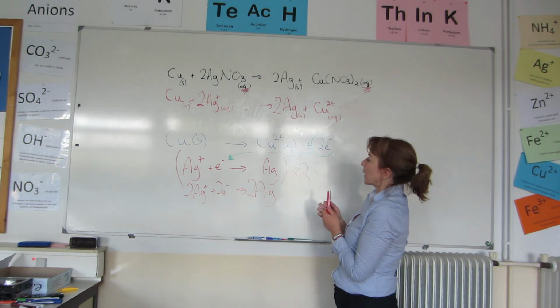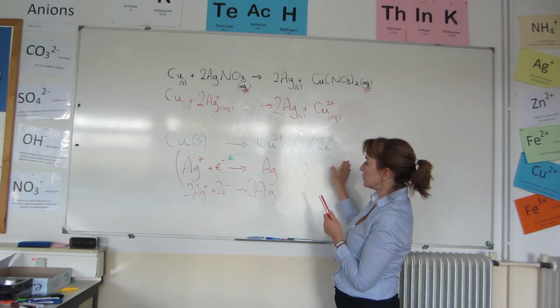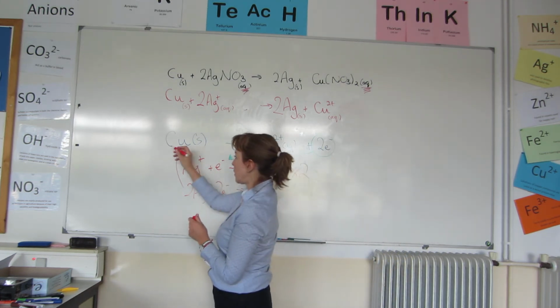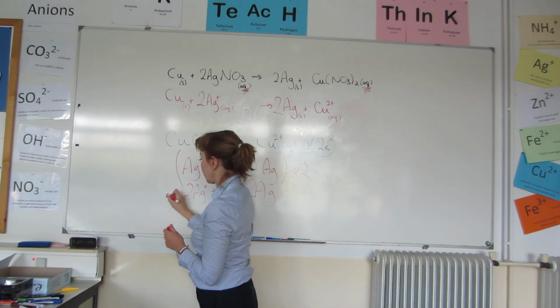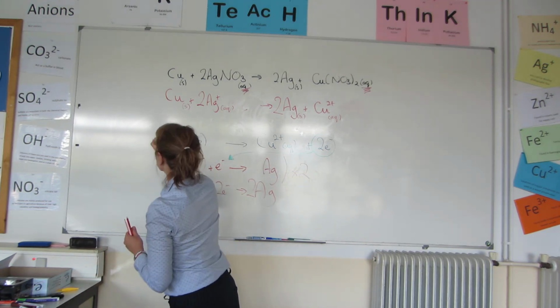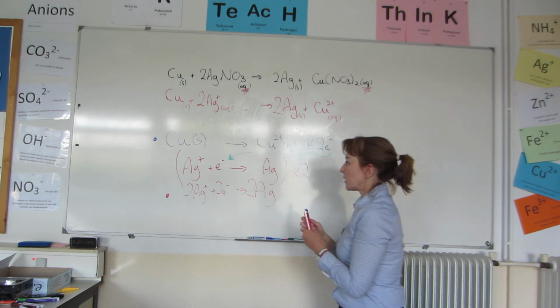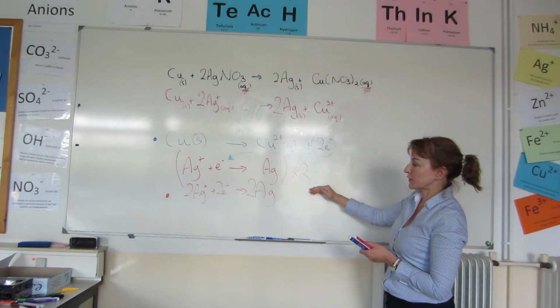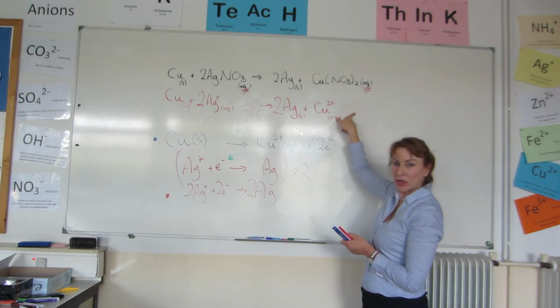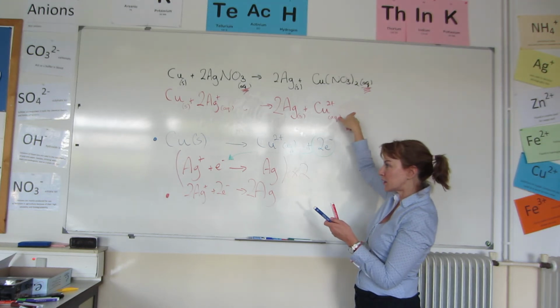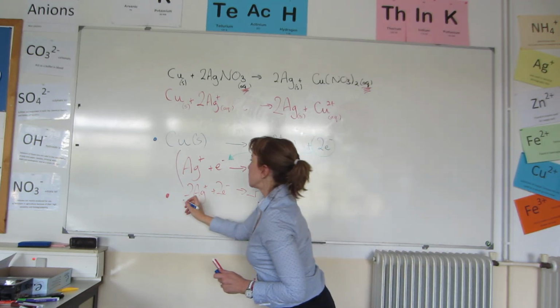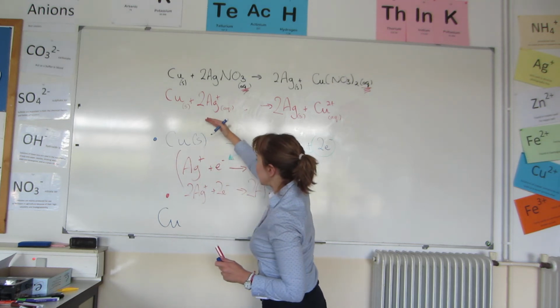Okay, and if you have a look at these two half equations, can we put them together? If you put them together, you should come up with the overall ionic equation. Let's have a look. So, copper, on this side, what do we have?